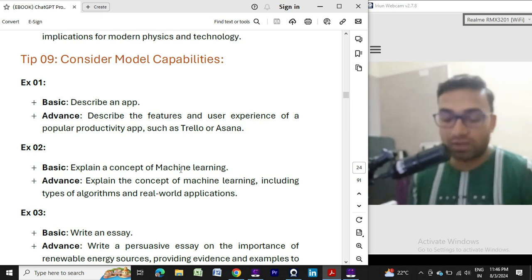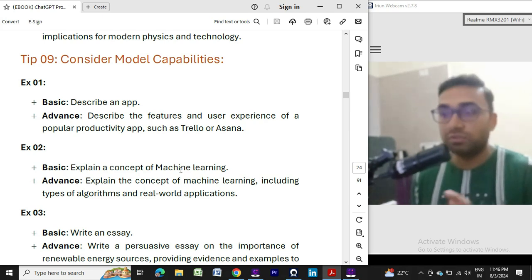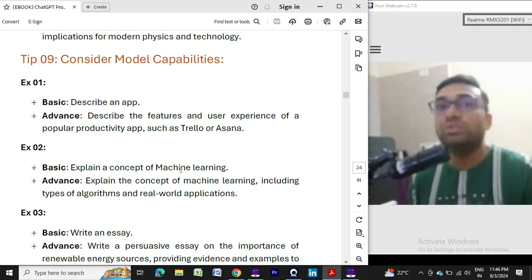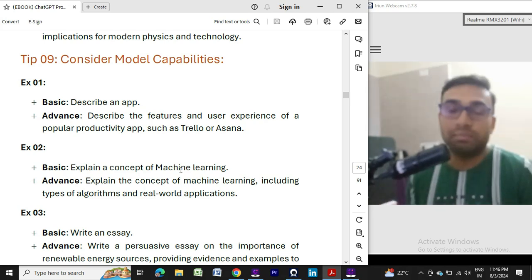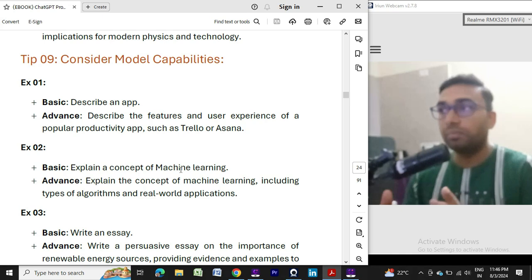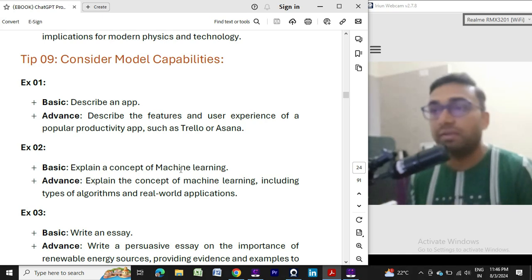Of course you will explain machine learning, but these two topics need to be explained in my output.